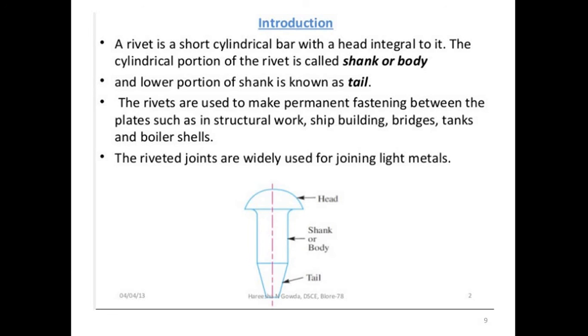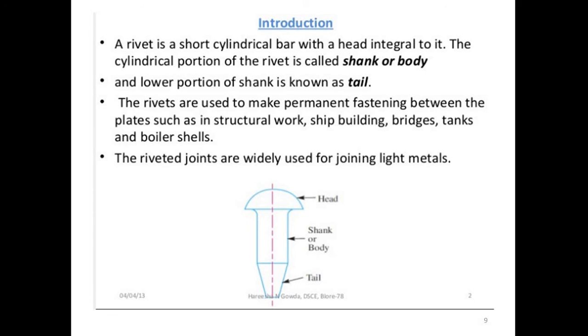Now, the rivet joint is a permanent fastening between plates. It is used to join two plates, and it is used in structural work, shipbuilding, bridges, tanks and boiler shells. Normally rivet joints are widely used for joining light metals.